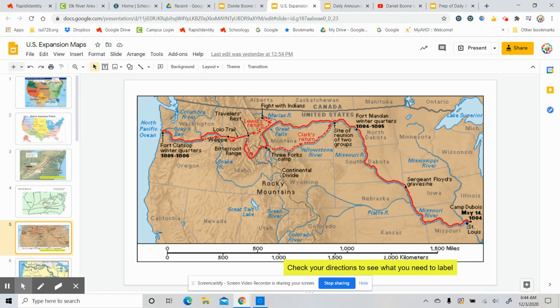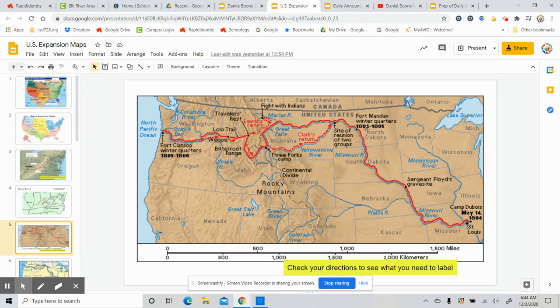And so you can kind of see their route hooks down here after they can't follow the Missouri any further because it starts in the mountains up here, so it's not going to go over the mountains. That's silly. So it hooks down, and then notice they get across here, and then once again, they're on a river. So that's what you want to look for is where are the rivers that they're following. That'll help you find where to put things.